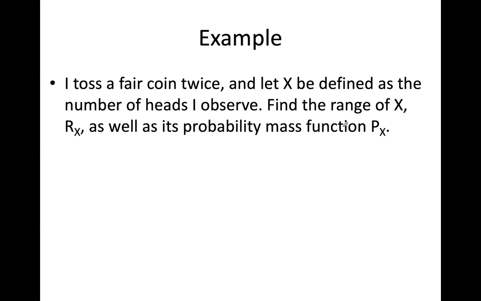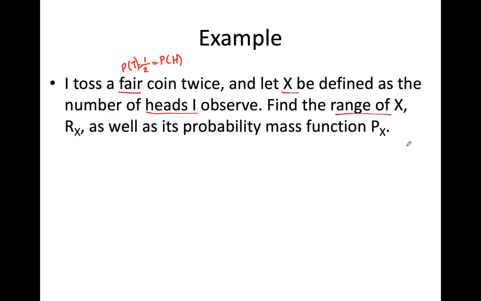Okay, for example, I will toss a coin 2 times, and it's a fair coin, which means the probability of obtaining heads or tails is 1/2. This is called a fair coin. And I'm interested in the number of heads when I flip a coin 2 times, okay? So what's the range?